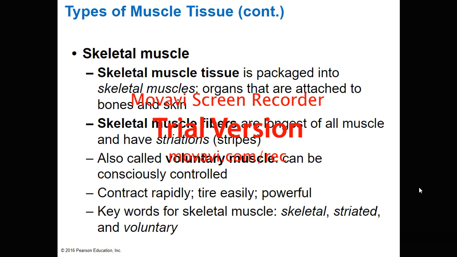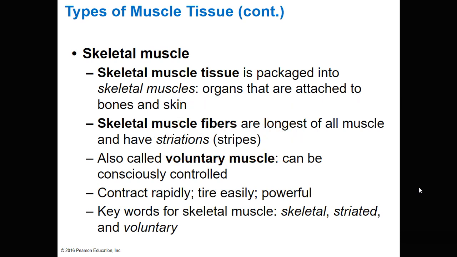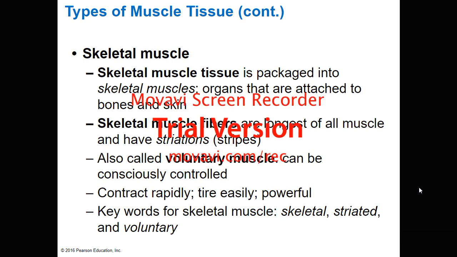And the myofibril is made up of thin and thick filaments, and we're going to talk more about that later on. And we will have a diagram where you can visualize this better, but it's good to write it out for yourself so you can see how the muscle tissue is composed.